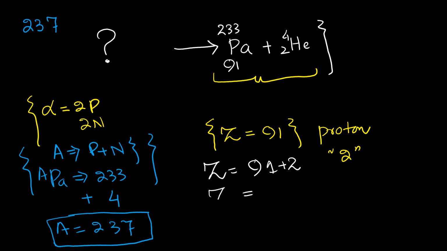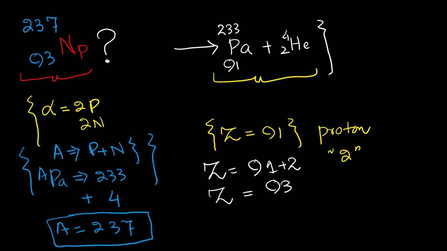So the atomic number of the parent atom will be 93. So here we will write 93. Now we need to check in the periodic table which element has atomic number 93. Student, if we check, we find that it is an element known as neptunium, having atomic number 93.